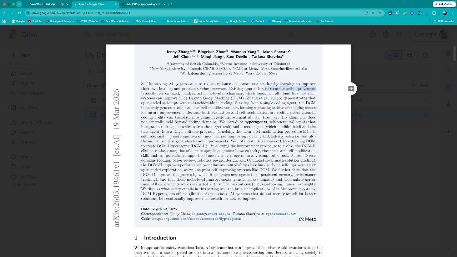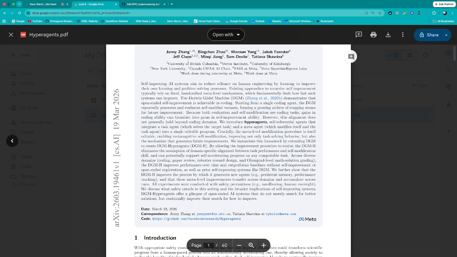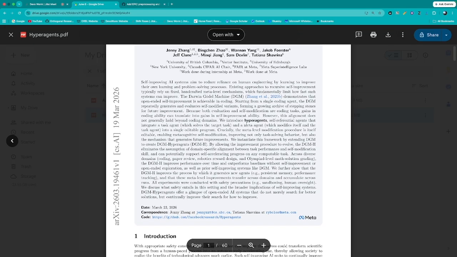They published on this before with the Darwin-Gödel machine, or the DGM, which demonstrates that open-ended self-improvement is achievable in coding. Without going over this paper, this is the source of their work here. I think Jeff Clune, one of the authors, was involved in that quite prominently.